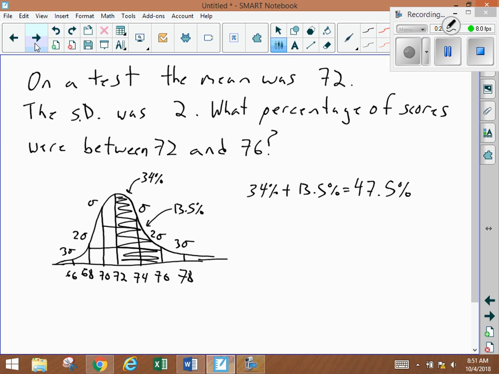When we left off, the last problem that we did before we started going backwards, we had a mean of 72, a standard deviation of 2. Let's find the z-score for a student that got a 68% on a test, okay?